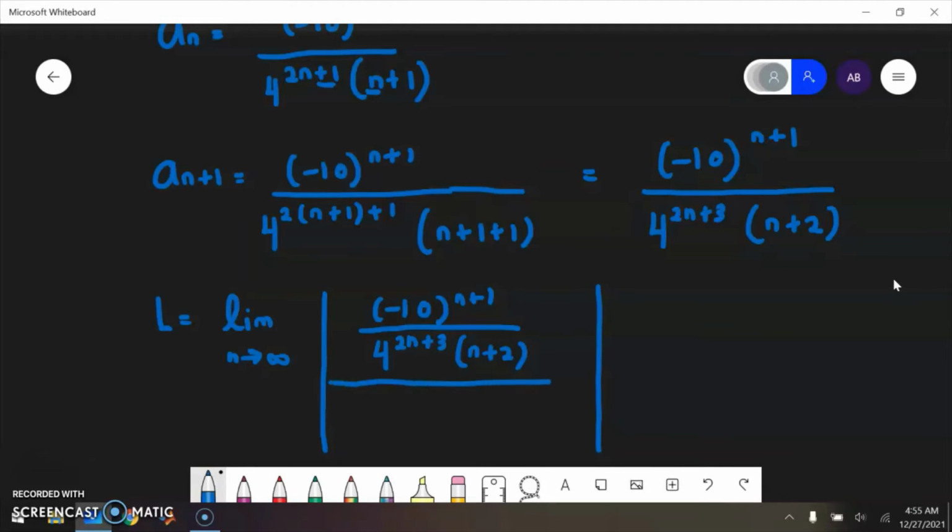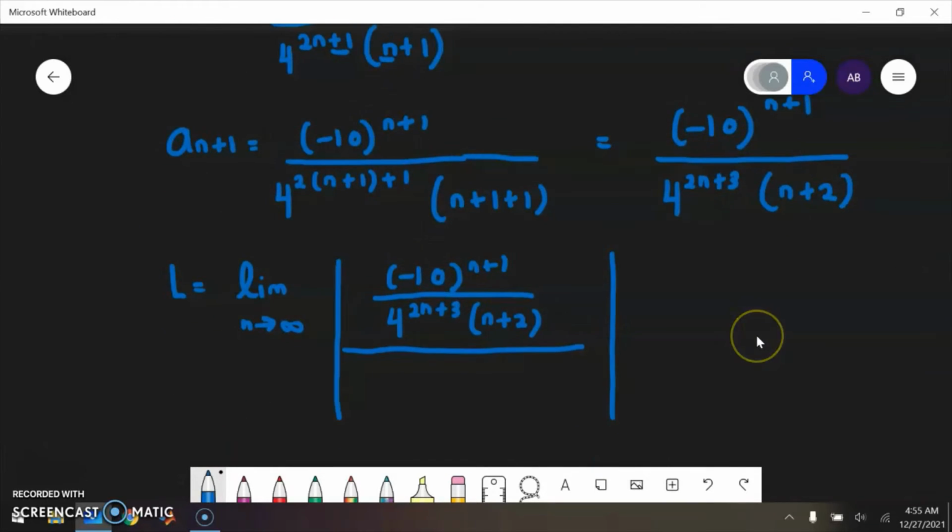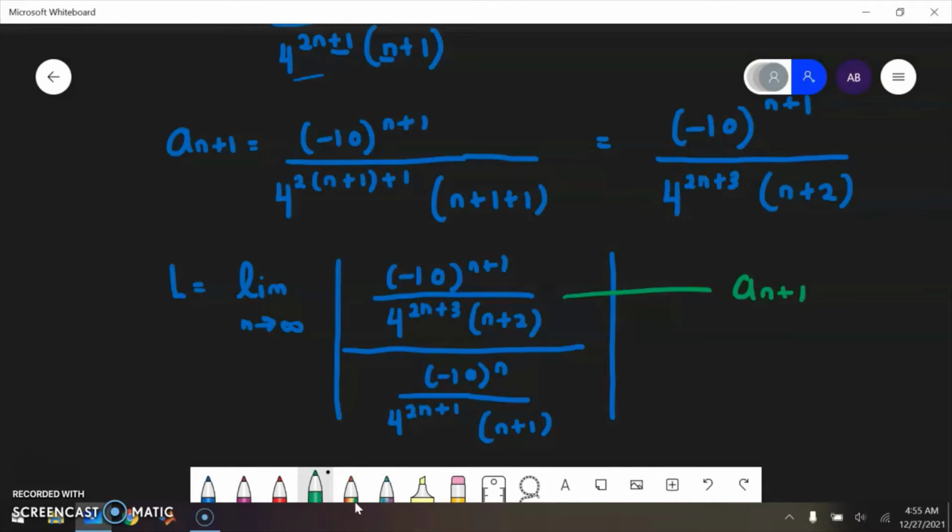Then divide by a_n: negative 10 to the power of n over 4 to the power of 2n, times n plus 1. This is a_(n+1) over a_n, and don't forget there's an absolute value sign here.